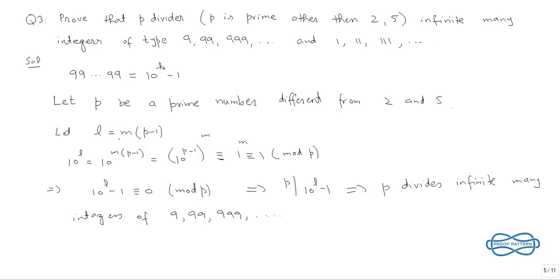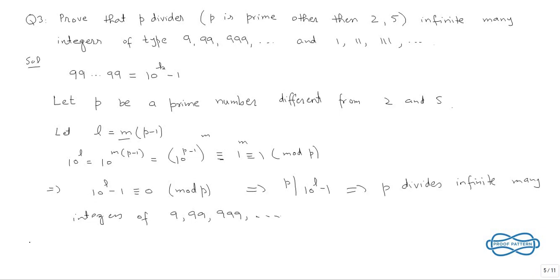If we change the value of m, we will get different integers of this type, so we can replace with infinitely many values of m, and we get that p divides infinitely many integers of this type.